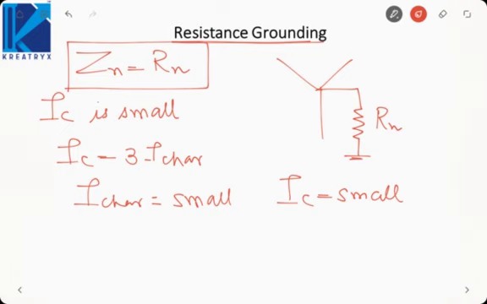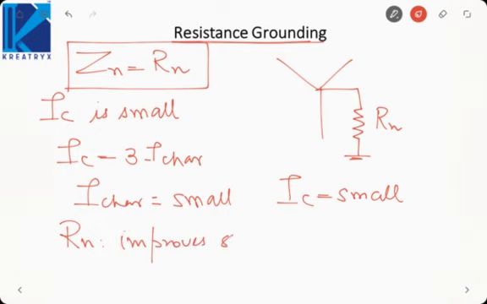We will need an inductor to cancel the capacitor current. But if the current is small, we can do with a resistance. Okay. Resistance is not meant to cancel this current, because only an inductive current can cancel a capacitive current. But what happens is that, as we will study later on, Rn improves stability of a system.